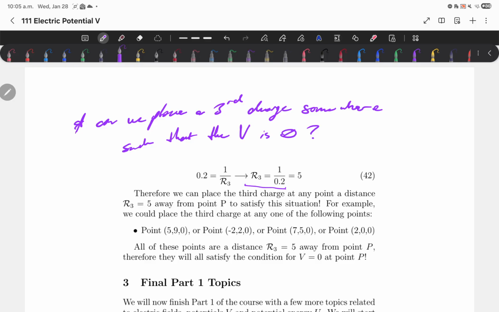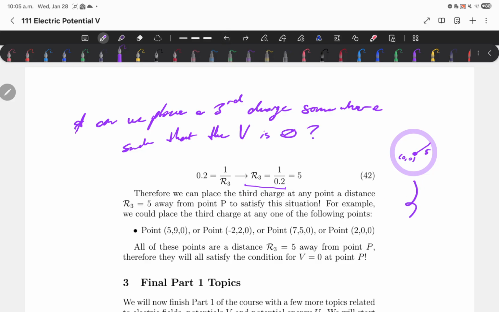What does this mean? This means that if we place a negative charge anywhere a distance of 5 away from our point P, we will have V equals 0. We will have 0 potential at that point. So essentially, it's not just one spot we can place it. We can place it in many points, and lots of those points will make it cancel.